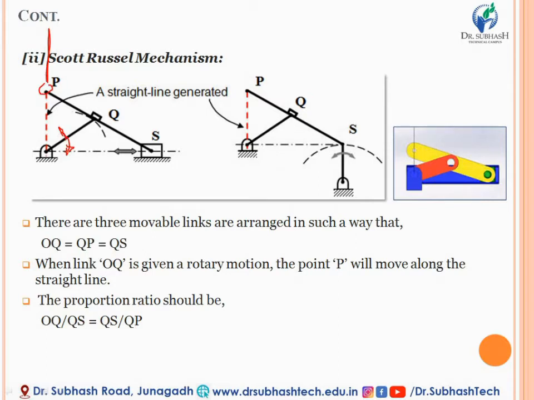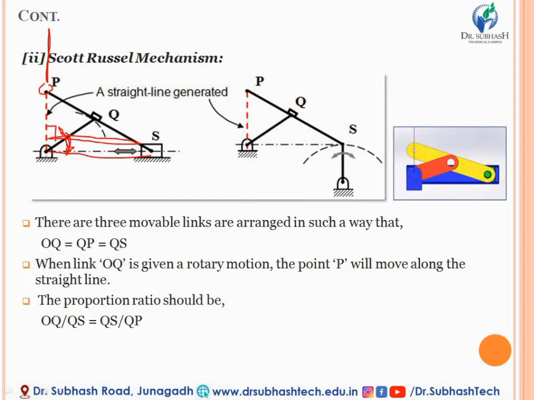So this becomes exactly perpendicular with respect to the link OS, and in that way the point P will generate the straight line that we require. So this is the Scott-Russell mechanism.